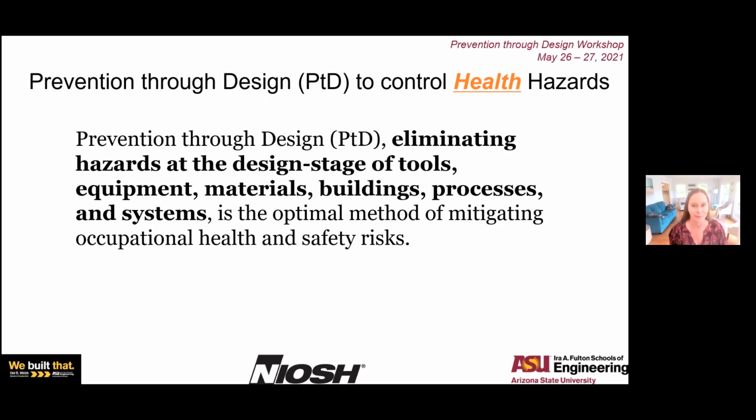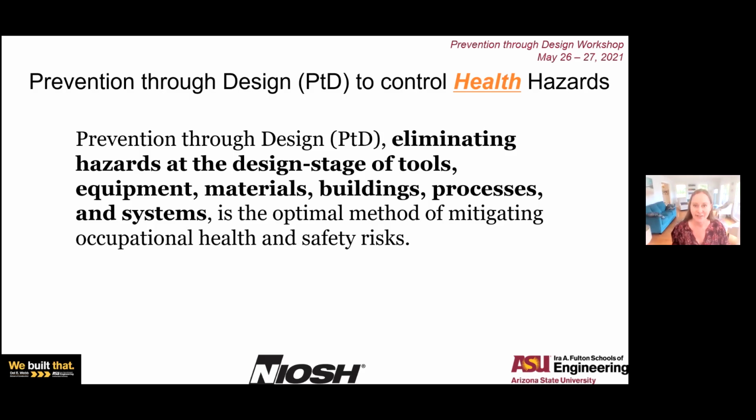So those might be the tools that are used during construction, the hand tools, the larger tools, the pieces of heavy equipment. Whenever those are designed, we can apply prevention through design to eliminate or reduce the risks and hazards.